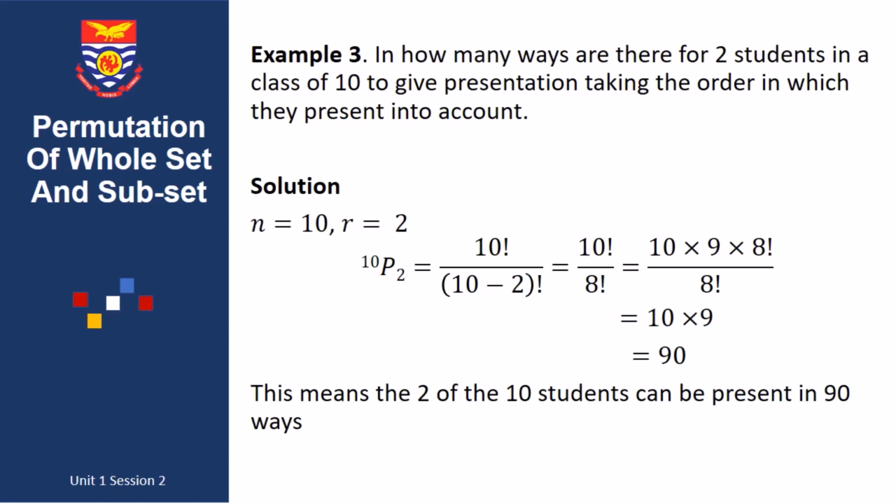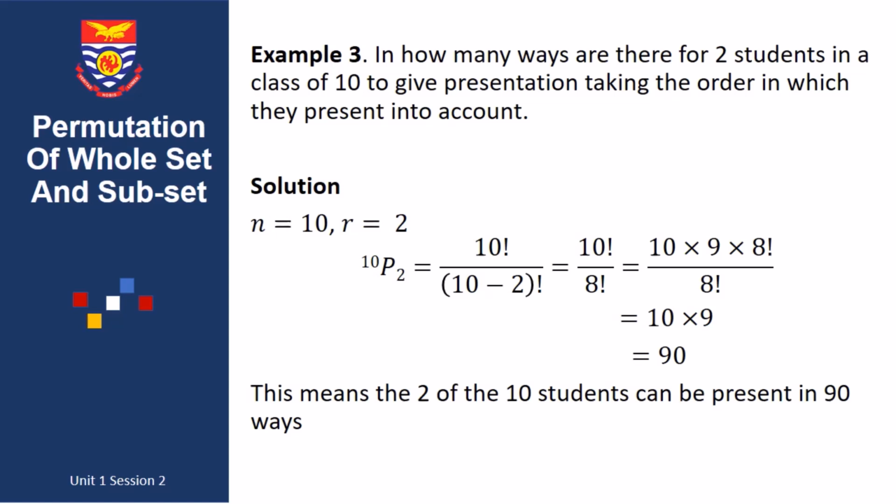Example 3. In how many ways are there for 2 students in a class of 10 to give a presentation, taking the order in which they present into account? Again, this is permutation. How do we know? Because the question specifies taking the order in which they present into account.